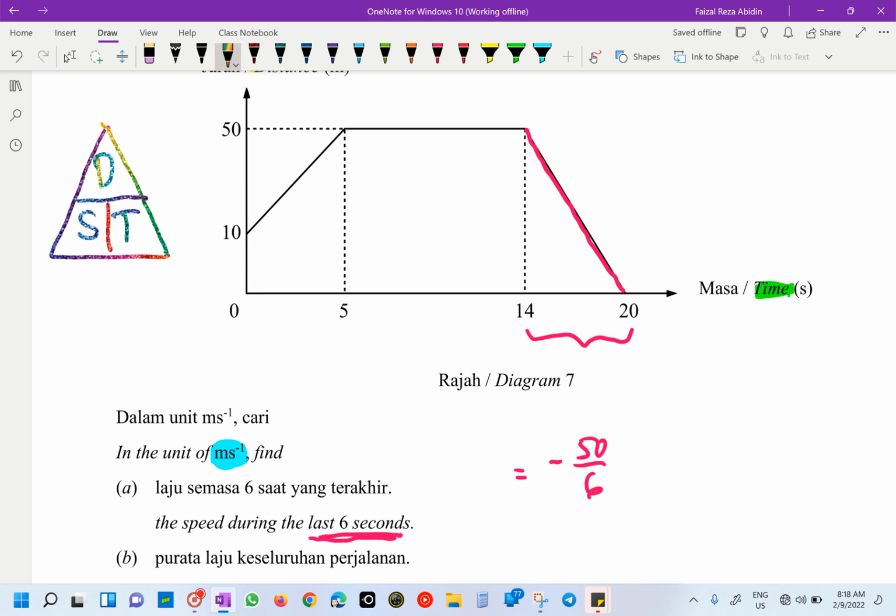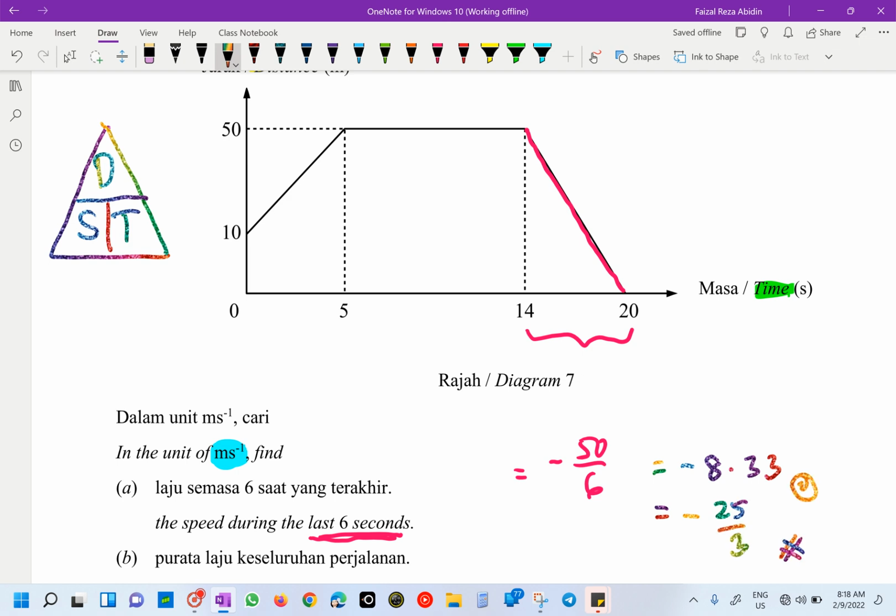Distance is going to be 50. Time is going to be 6 over there because it is decreasing. So you are going to get negative 8.33. Or in fraction, negative 25 over 3 is also accepted.